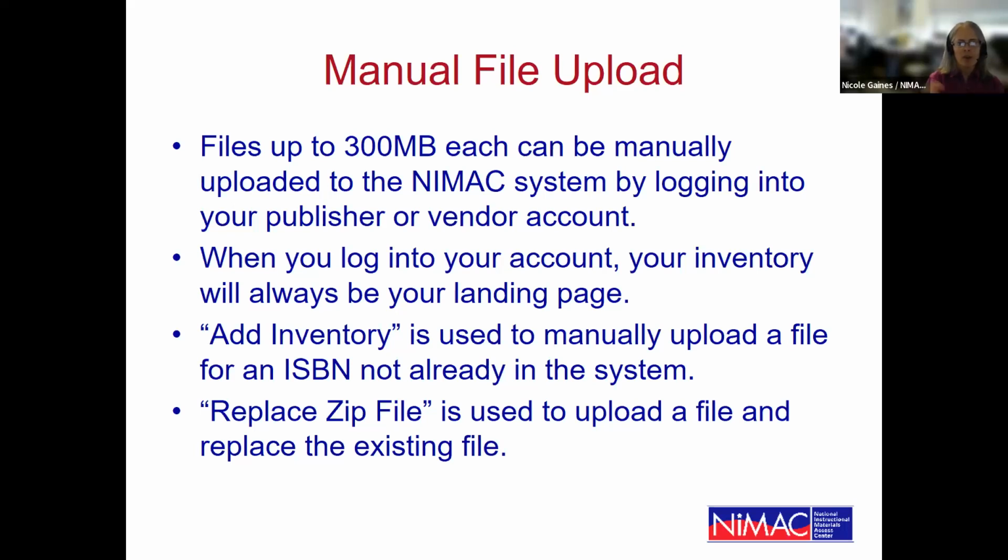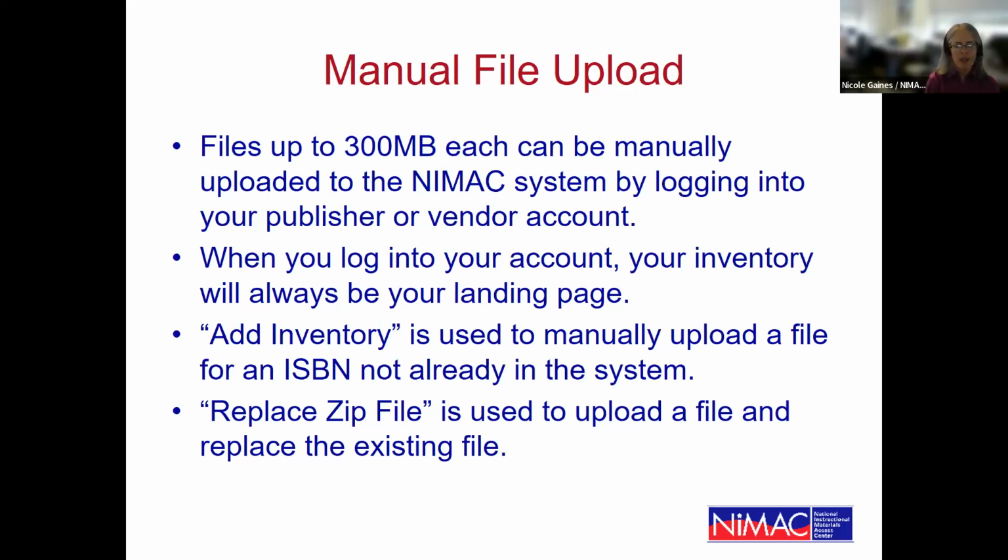Whenever you log in, your inventory is going to be your landing page. We're going to take a look in just a second at where the add inventory button is. That's what you're going to use if you're uploading a file for an ISBN that's not already in the system.